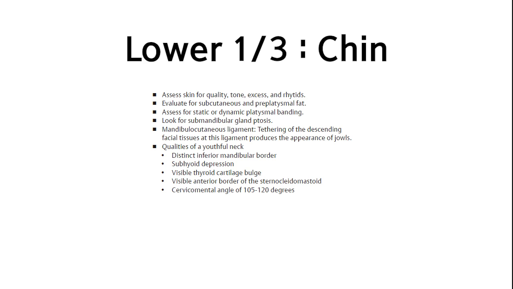Regarding the mandibular cutaneous ligament, we should remember that tethering of the descending facial tissues at this ligament produces the appearance of jowl. We can say the qualities of a youthful neck are a distinct inferior mandibular border, subhyoid depression, visible thyroid cartilage bulge, visible anterior border of the sternocleidomastoid, and finally, a cervicomental angle of 105 to 120 degrees.